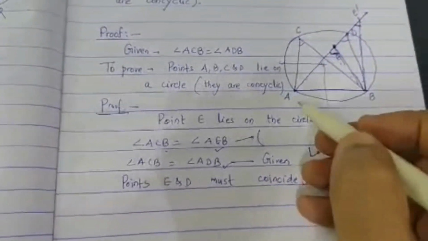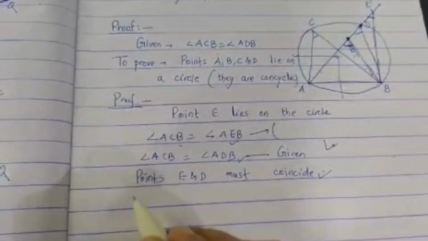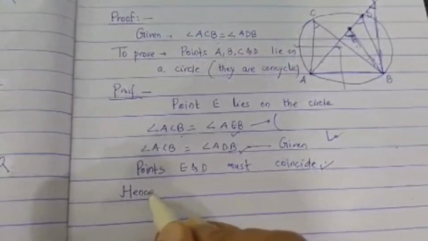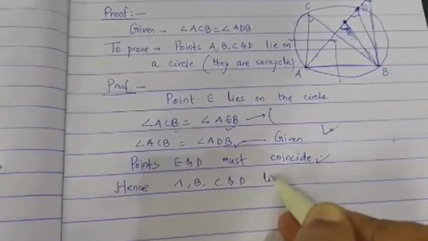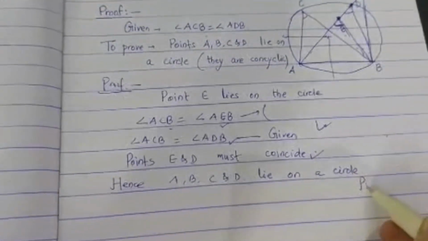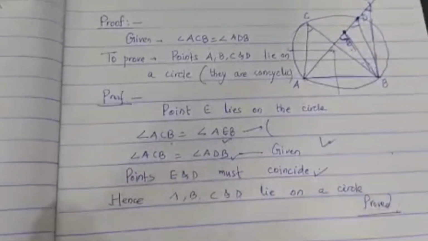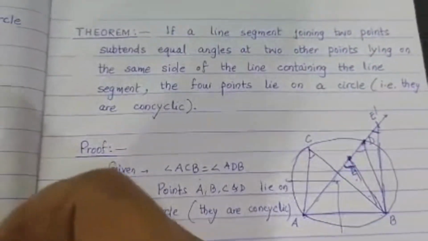And from here we can say that A, B, C and D lie on the circle. Okay, hence we can derive that A, B, C and D, all these points lie on a circle. This is the proof of this theorem. This is the converse of that theorem, that angles in the same segment are equal.